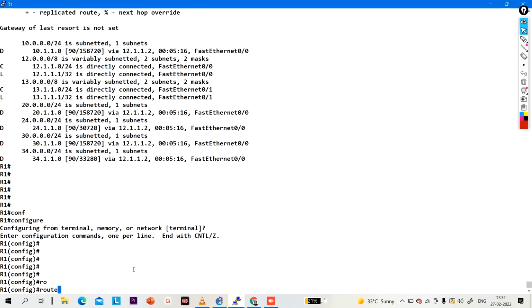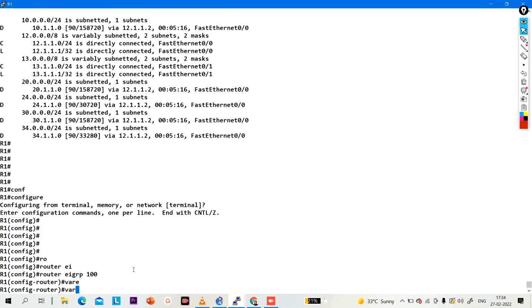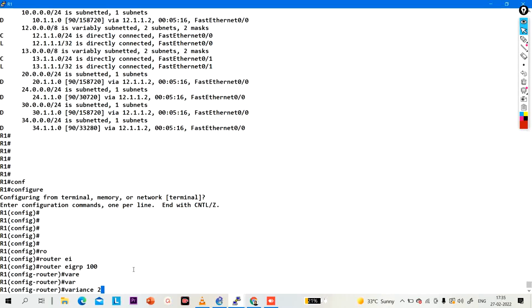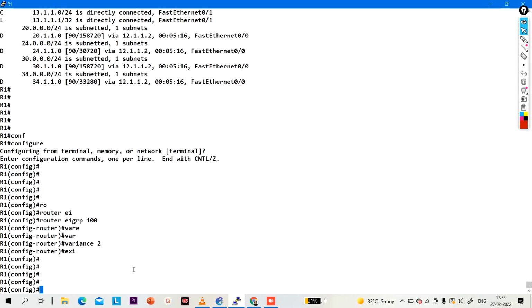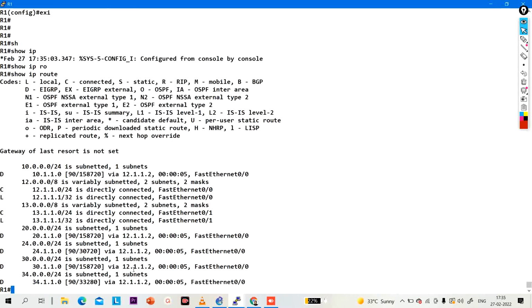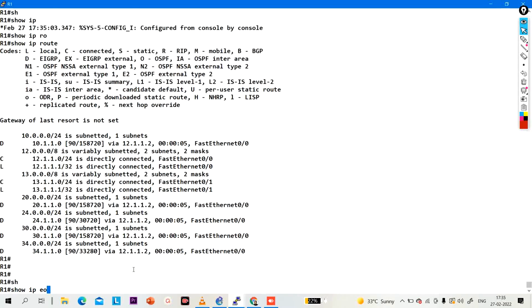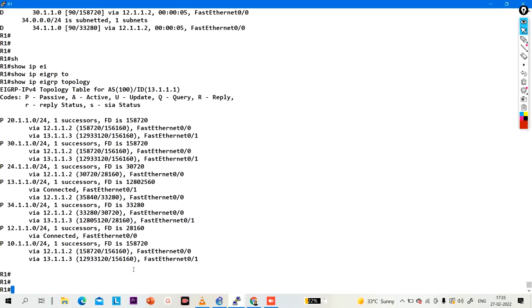So router eigrp 100 and variance 2, right? Is R1 performing load balancing? So show ip route. No, still no. So show ip eigrp topology table. No, right?